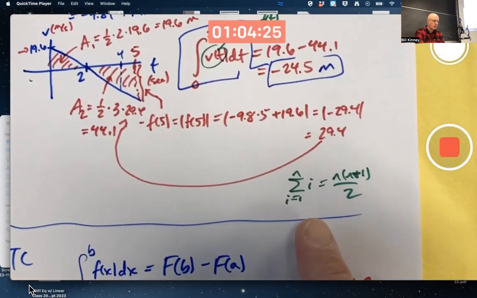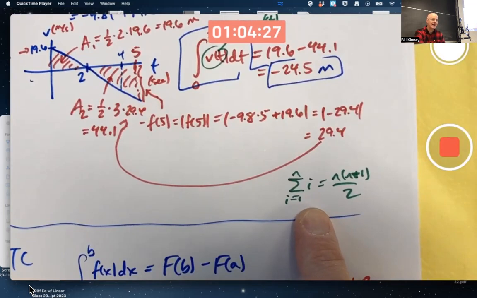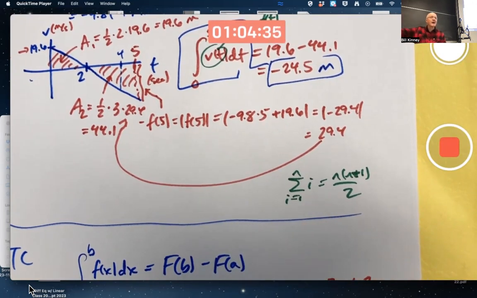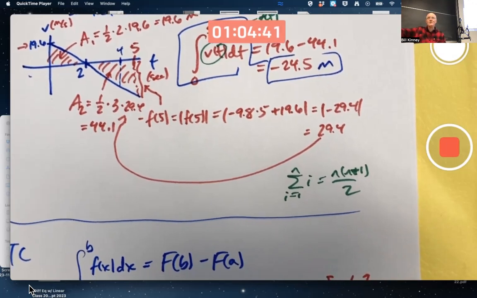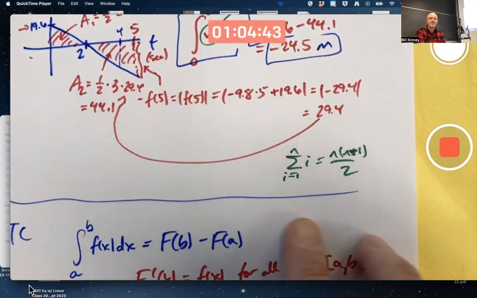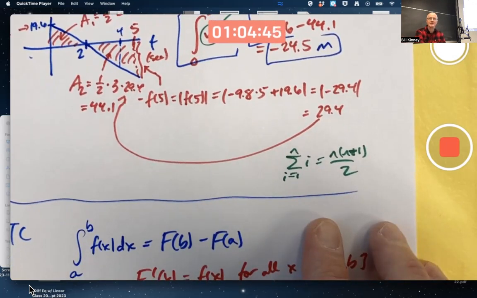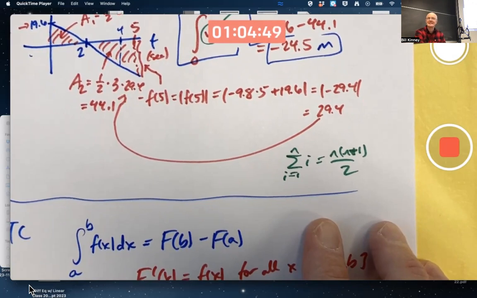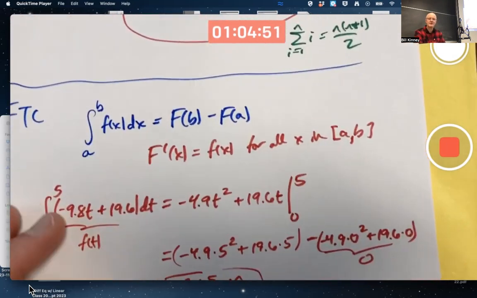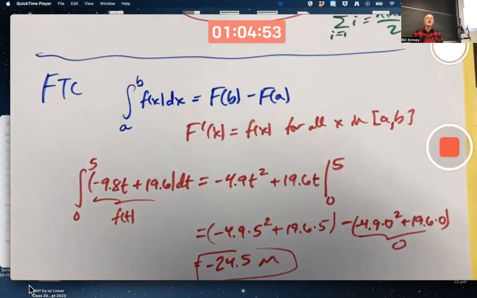Because formulas like this don't work when you are adding up things like cosine of i or something. What's the sum, i goes from 1 to n of cosine of i? I don't know. Okay. So in general, that approach, though it does work for some simple examples, including even t squared, it's not what we want to do. In general, we want to use the fundamental theorem of calculus.